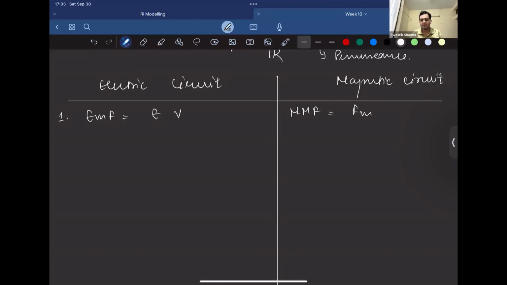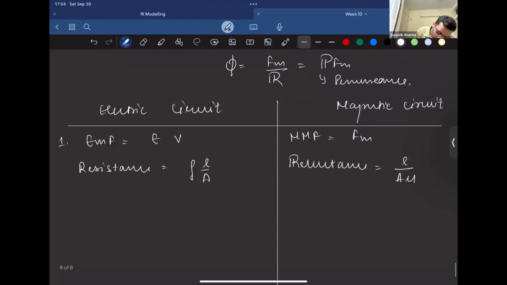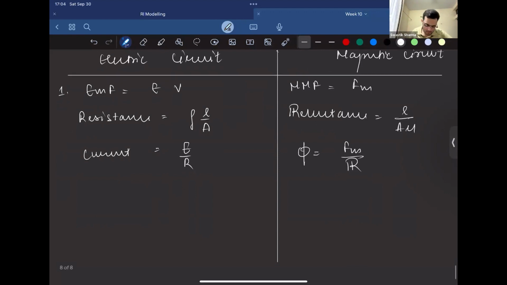Now, there is the concept of resistance, which obstructs the flow of current, denoted as rho L upon A. But in our magnetic circuit, reluctance is what obstructs the flow of flux, given by L upon mu times A, right? Here current flows, which is given by E by R. Here flux flows, which is given by Fm upon R, right?